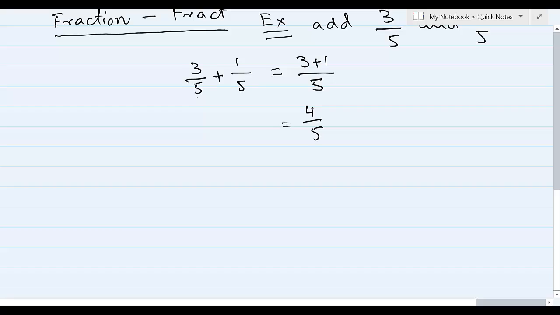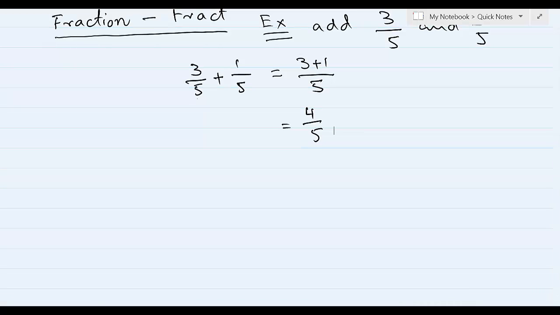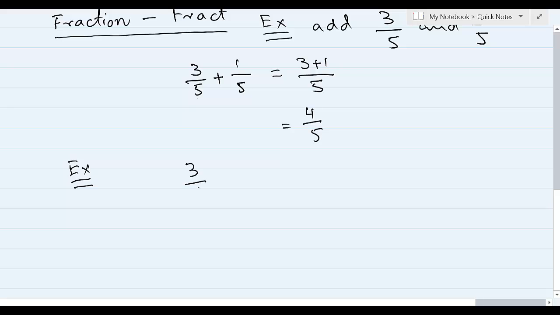But in the next example, we're going to keep the denominator different. In another example, if this was 3 over 5 plus 4 over 8. Now, the denominator is not the same.